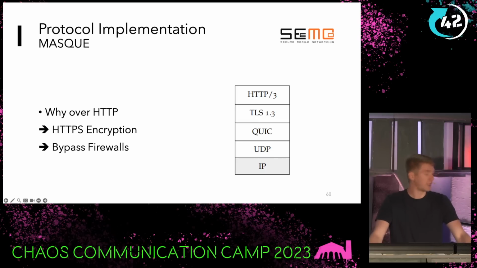So it's HTTPS, which is pretty common and assumed to be secure. And also we can bypass firewalls that block, for example, IPsec traffic, as HTTPS runs on port 443, UDP or TCP, which is likely not to be blocked in a network, because then nobody could make network requests.